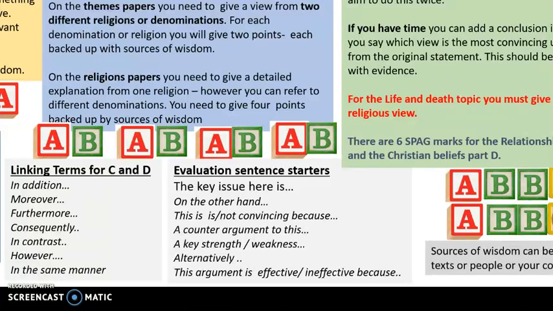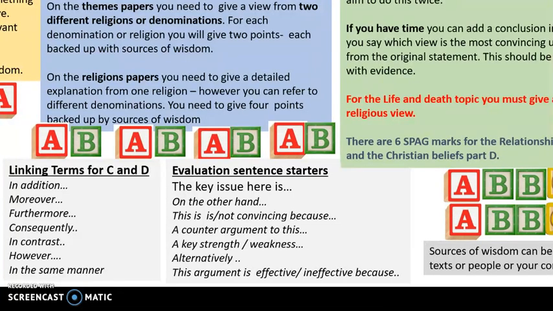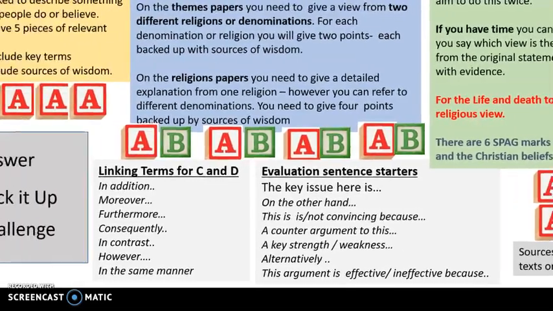So phrases like, the key issue here is, on the other hand, this is not convincing because, a counter-argument to this is, a key strength or weakness, alternatively, this argument is effective or is ineffective because. Again, you can use the same 2 or 3 on every single question. They won't know because the examiner is just marking one of your Part Ds at a time.